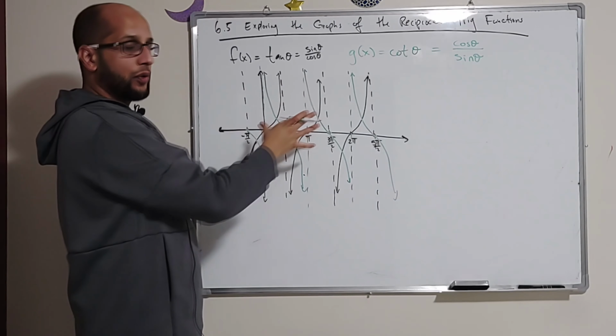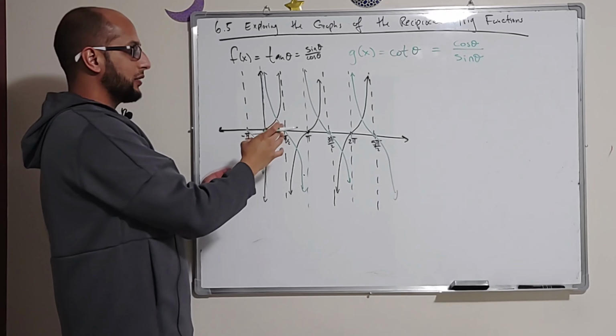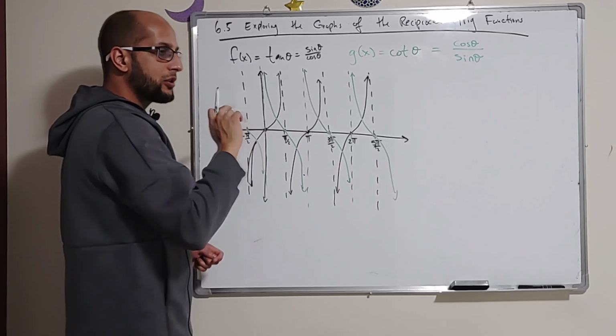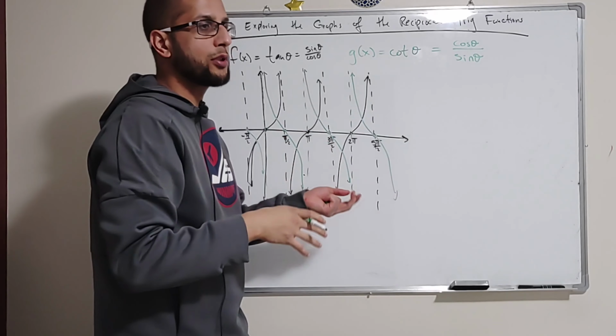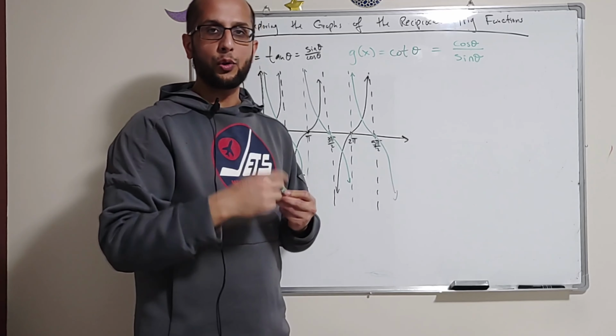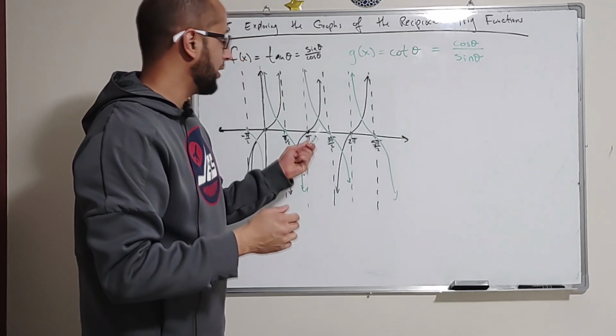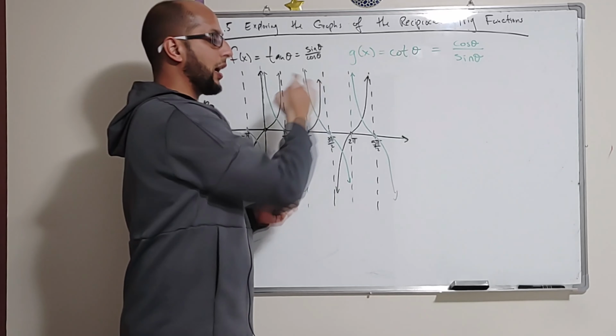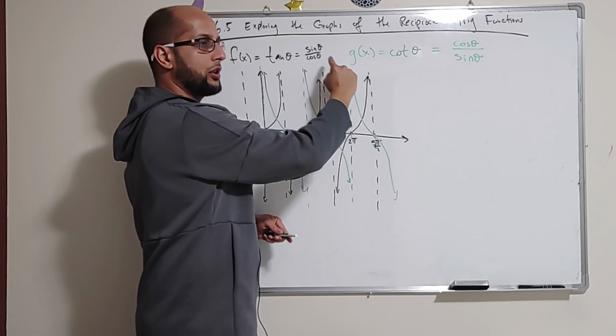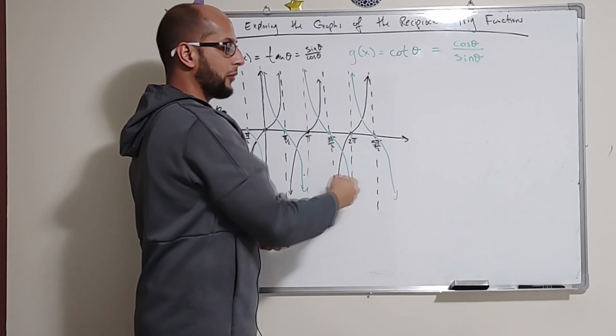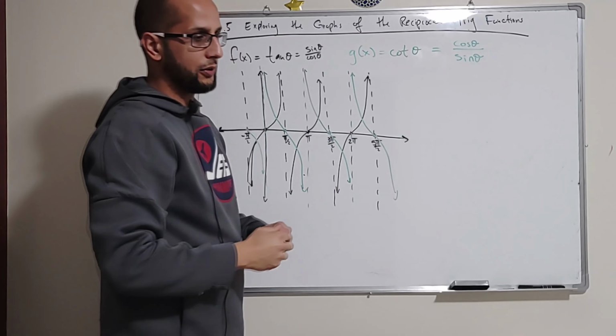So the green function, again, what we've done is switched the asymptotes and the x-intercepts between the tan and the cotangent theta function, which results in the graph actually flipping. Instead of going up and to the right, now the cotangent theta function comes down and to the right.